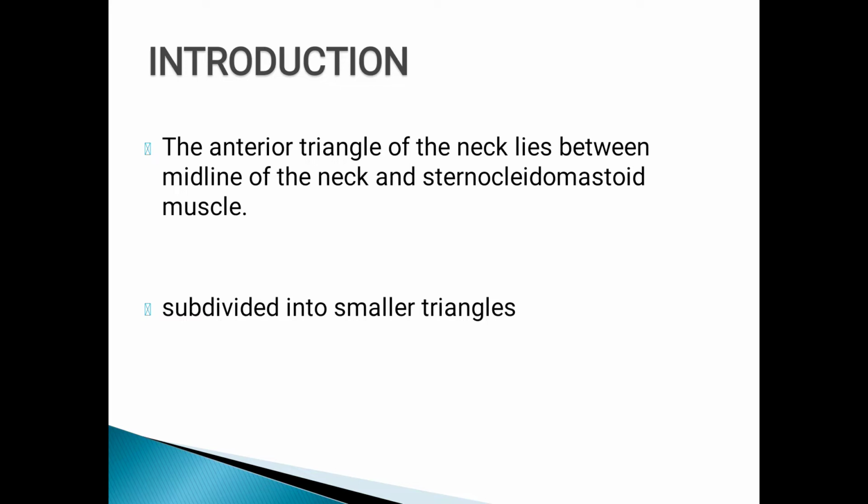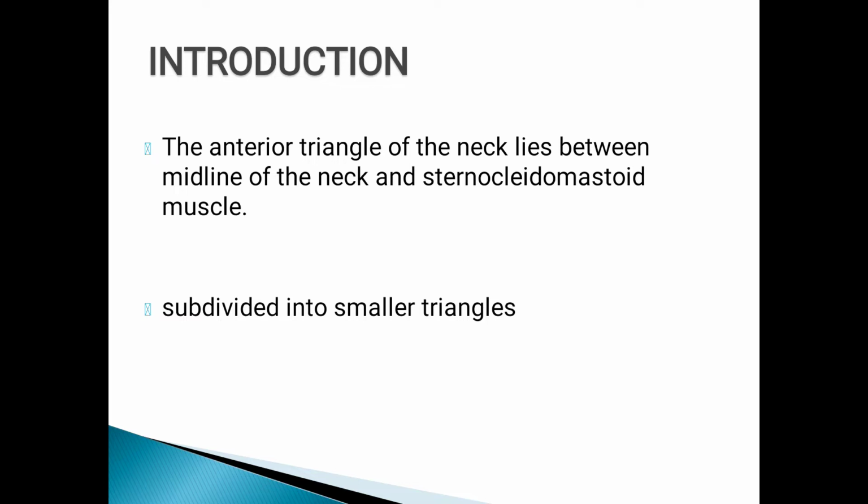This muscle divides each side of the neck into the anterior triangle and the posterior triangle. Today I am concerned with the anterior triangle. We will discuss its boundaries and the muscular triangles present in it.